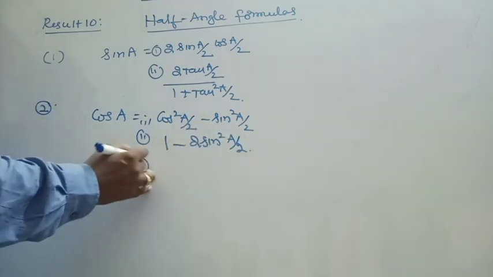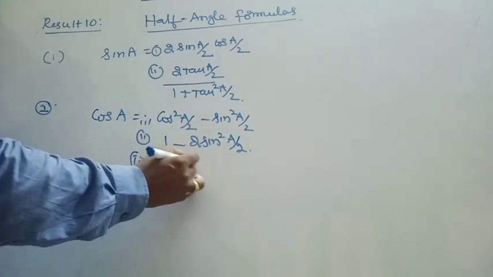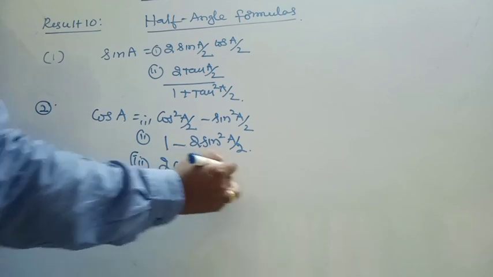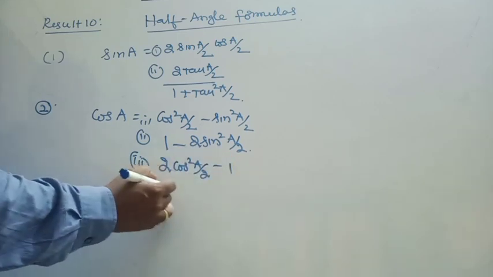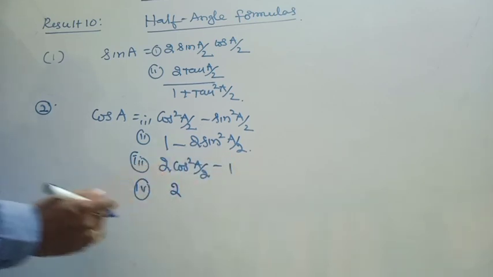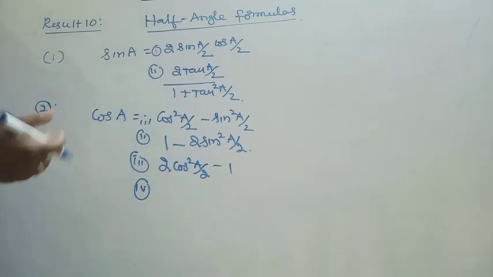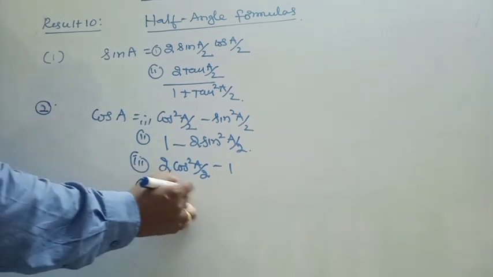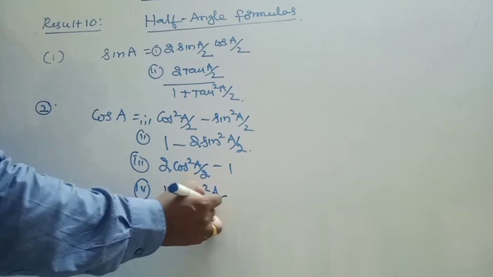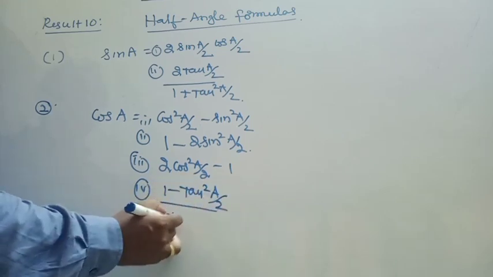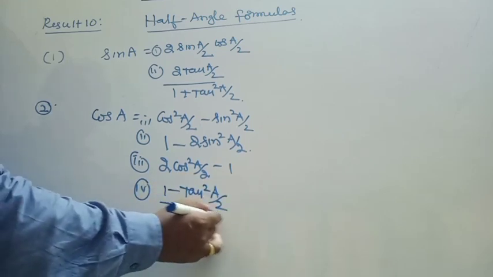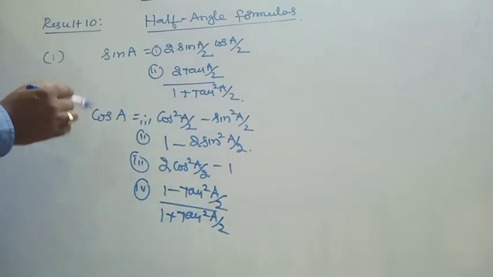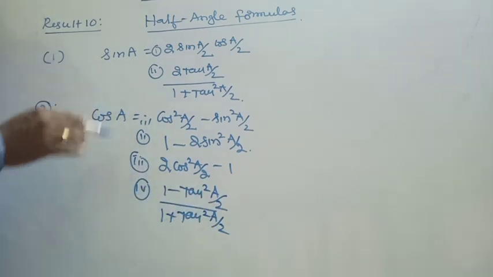Number 3, 2 cos square A by 2 minus 1. Number 4, in terms of tan, 1 minus tan square A by 2 by 1 plus tan square A by 2. That means wherever 2A is there you replace by A, wherever A is there you replace by A by 2.